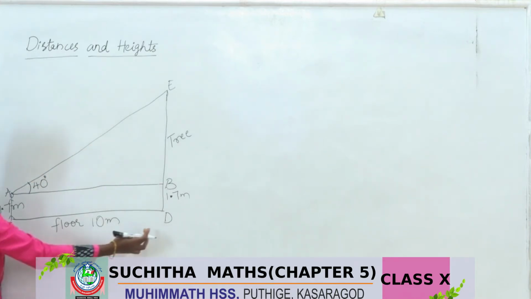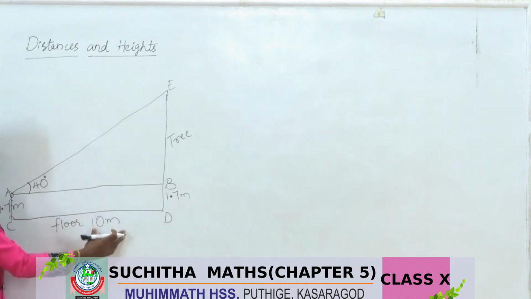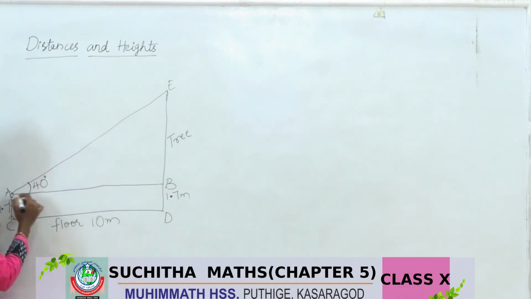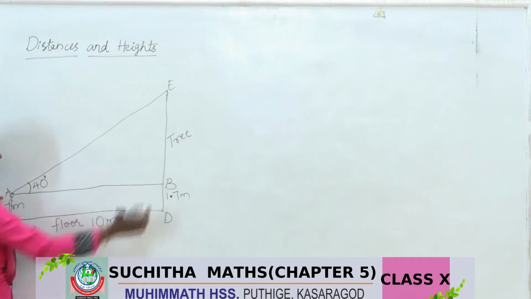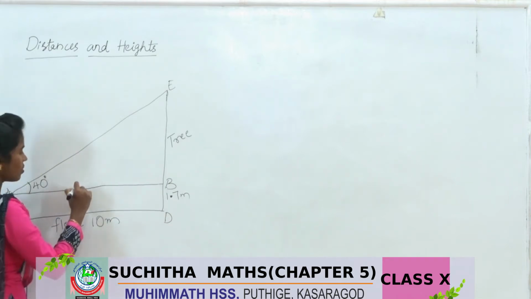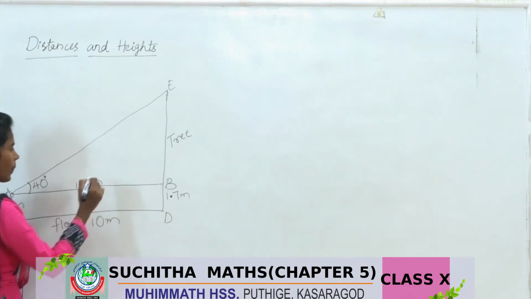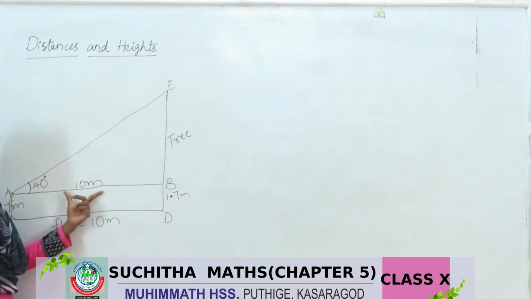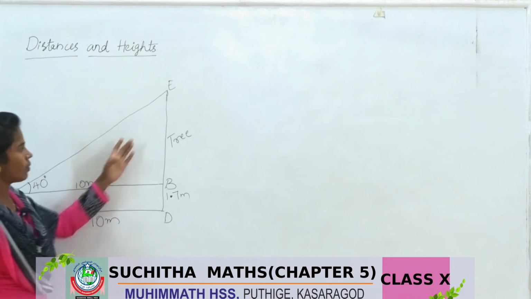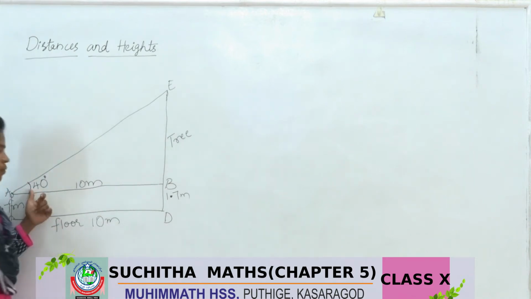So listen, the distance between the man and tree on the ground is 10 meter. Therefore, the distance CD is equal to the distance AB, so this distance is also 10 meter. This angle is 40 degree, and the adjacent side of 40 degree is 10 meter. So we have to calculate the opposite side of 40 degree.